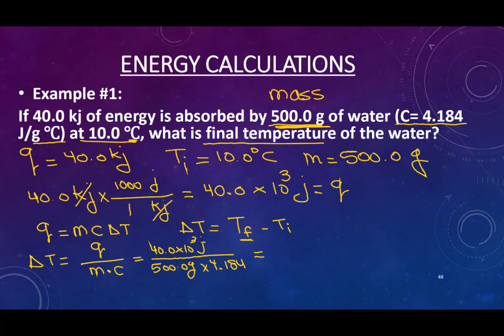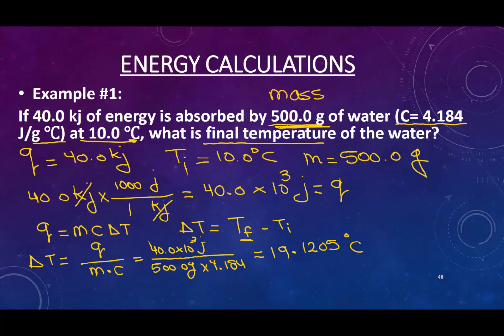What do I get? 40 to the power of 3 divided by this number. I will get 19.1205 degrees Celsius. Okay, that's the number I got.